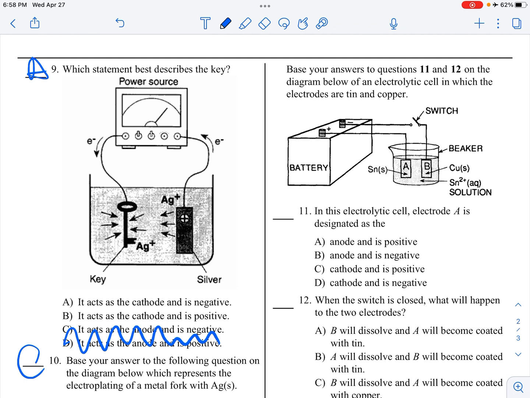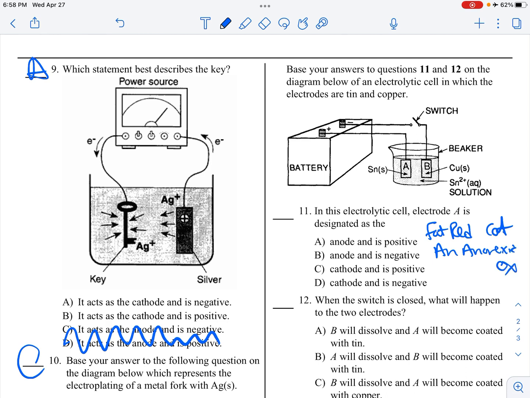In this electrolytic cell, electrode A is designated as the... okay, let's see. We have tin in solution. So let's just remind ourselves: fat red cat and anorexic ox.